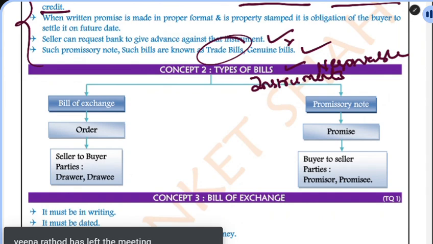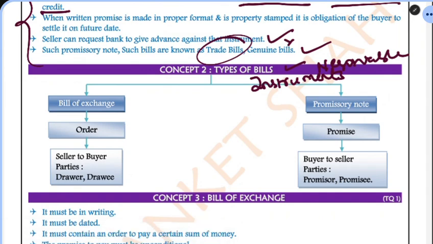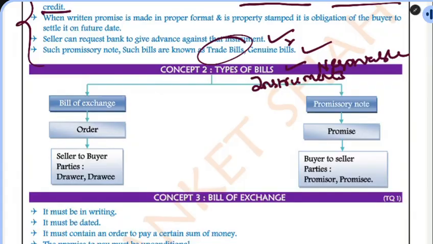There is another negotiable instrument other than this, that is called a check. So you need to understand there are two types of instruments: one is bills of exchange and the other is promissory note. Both act the same. Their accounting procedure will also be the same. The only thing is the purpose for which they are used is different.